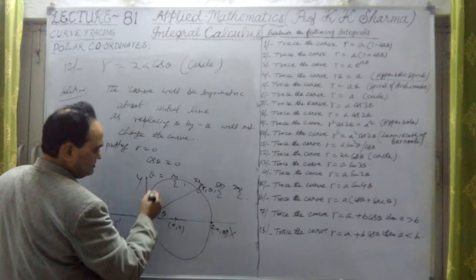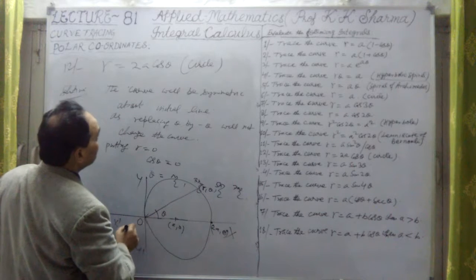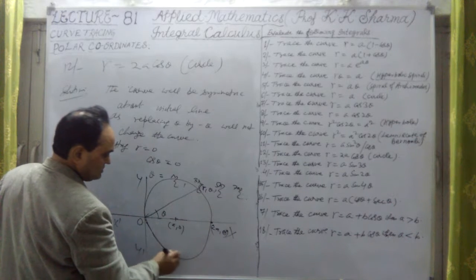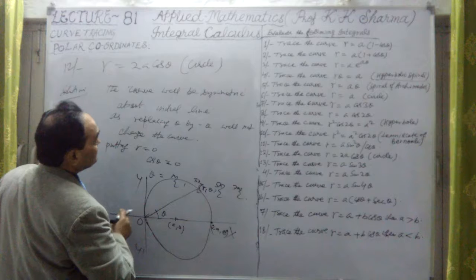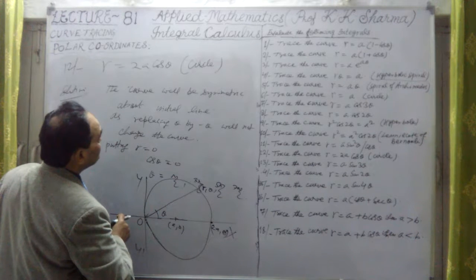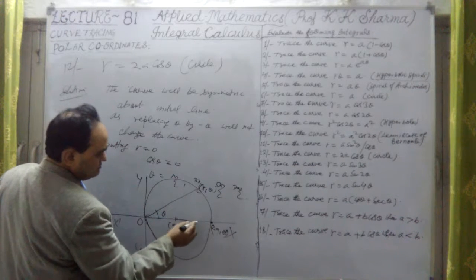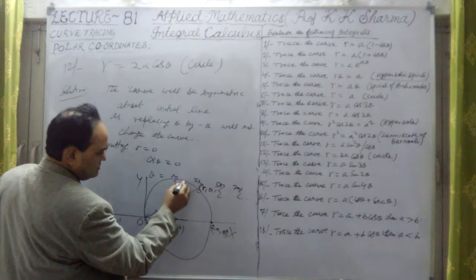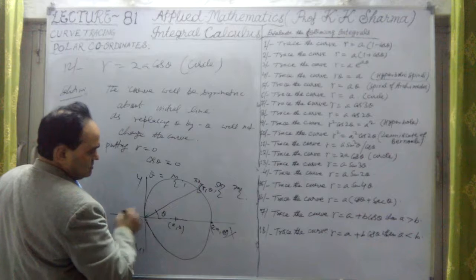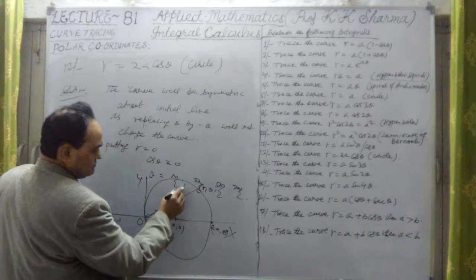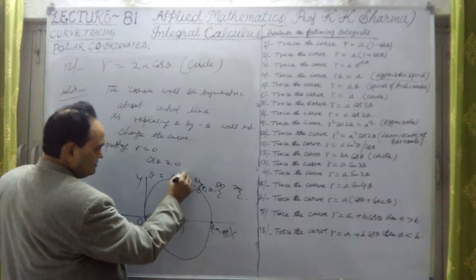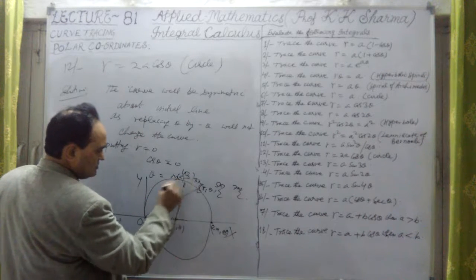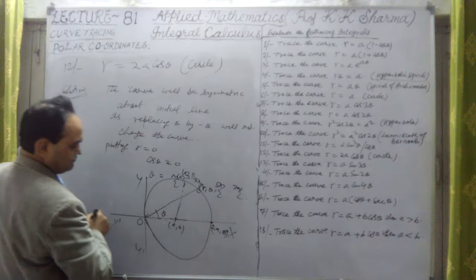First point is this. Then we take the other points here, in terms of a. At pi by 3 the value is a, so the point here is a at pi by 3.